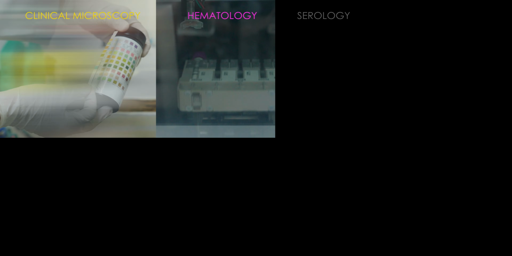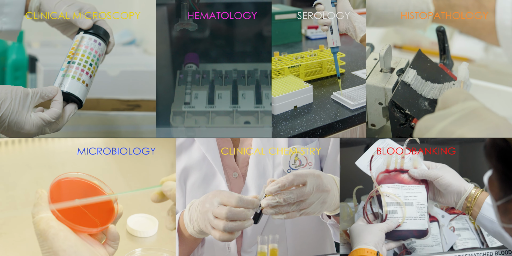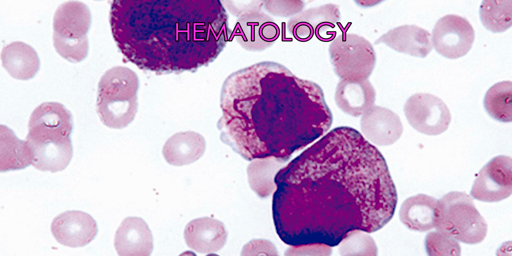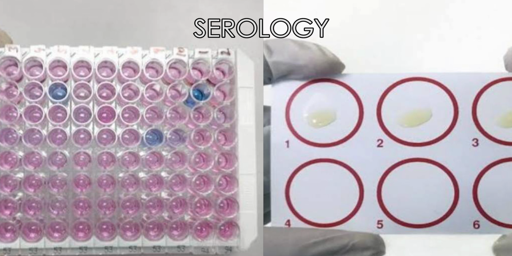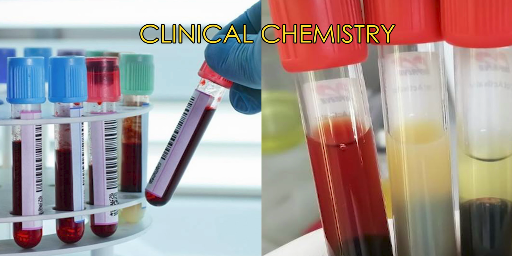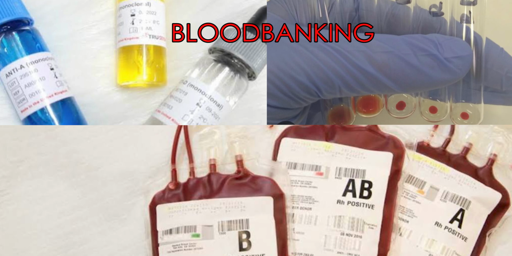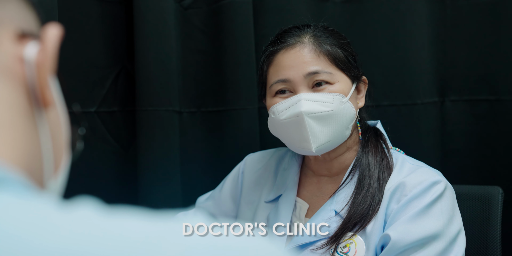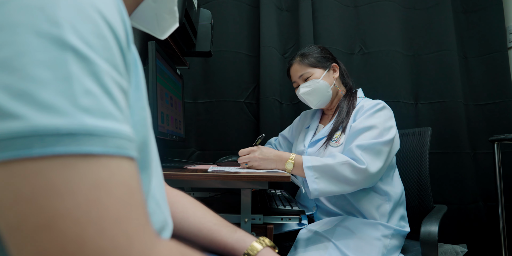The following videos will show the different sections in a laboratory, such as clinical microscopy, hematology, serology, histopathology, microbiology, clinical chemistry, and blood banking. The process starts with a physical checkup of the patient with the doctor to determine the type of examinations to be done.